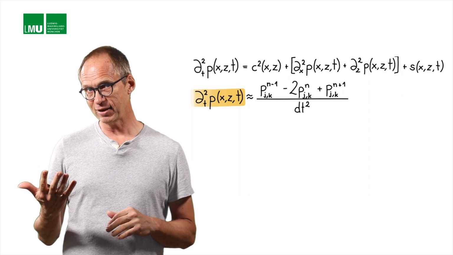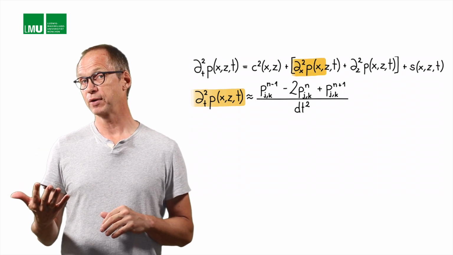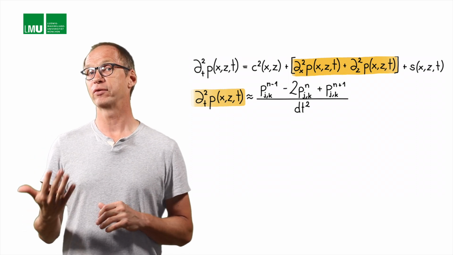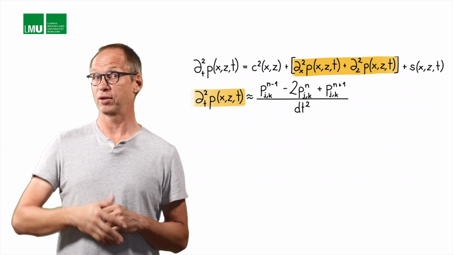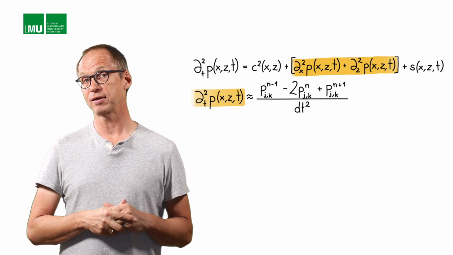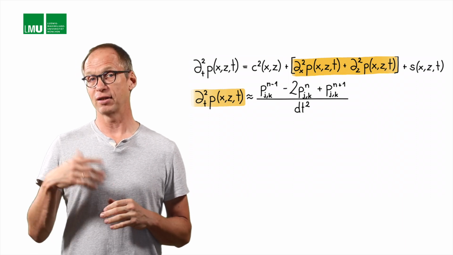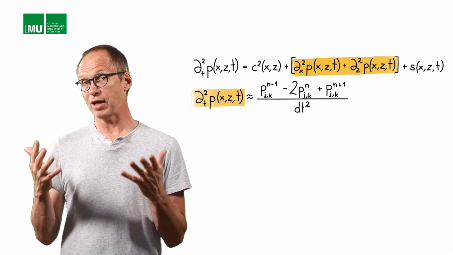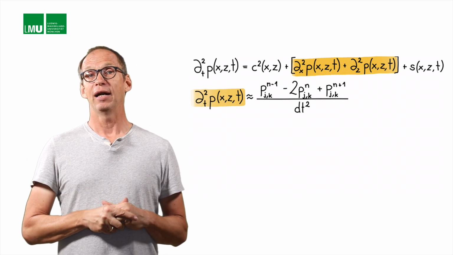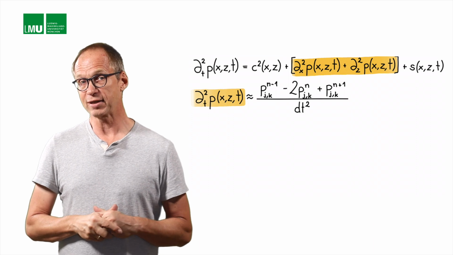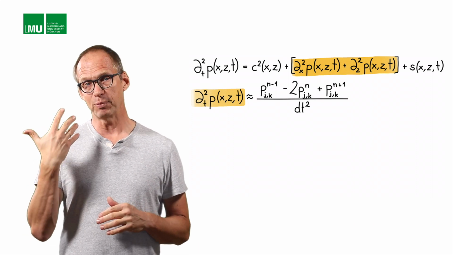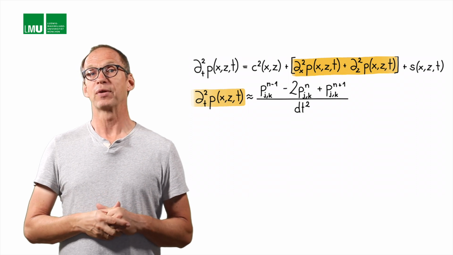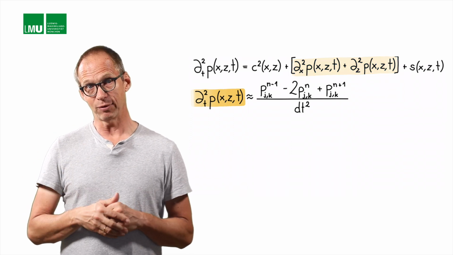On the right-hand side now, we have the Laplace operator. And in the 2-dimensional case, we have the second derivative with respect to the first spatial variable, that's x, and the second space variable, which is z. So they can be treated separately. And just for one example, we basically use again the same approximation for the second derivative.